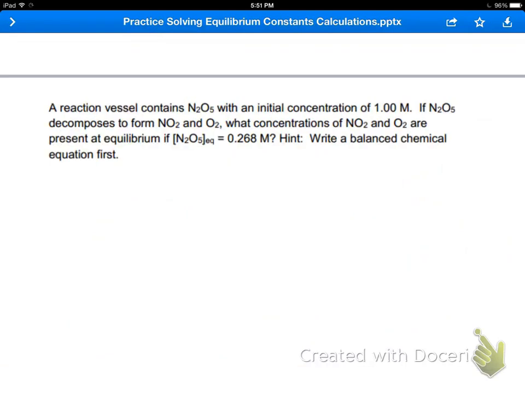Alright, one more here. A reaction vessel contains N2O5 with an initial concentration of 1 molar. If N2O5 decomposes to form NO2 and O2, what concentration of those are present at equilibrium? And you're given a hint to write a balanced equation. So if I'm going to go from N2O5 to NO2 and O2, I'm going to need 2 N's, but this is an odd number, so I'm going to need to double this.